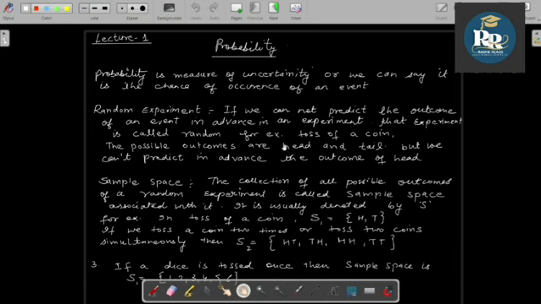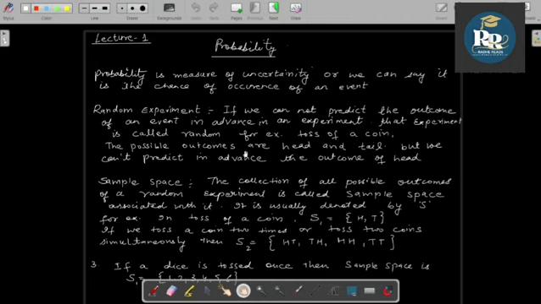If I toss the coin, we have two possible outcomes, head and tail, but we can't predict in advance that head will surely come. If you toss the coin 10 times, 100 times, 1000 times, you can't say that this time surely head is going to occur. So that experiment is called random experiment.